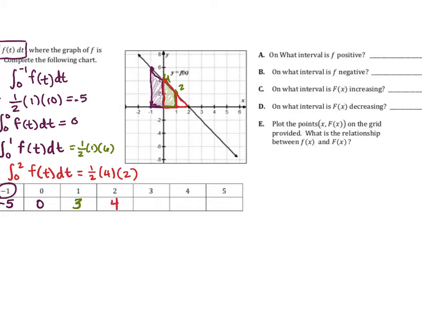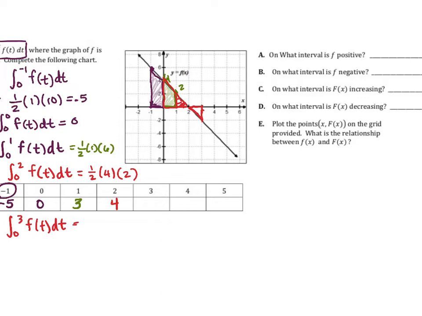Then continuing on, f at 3. Now we're integrating from 0 to 3 of f at t dt. Notice we still have this region here, but now we have this small part that's going to become negative.